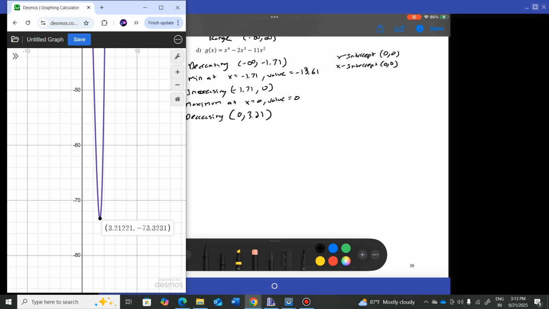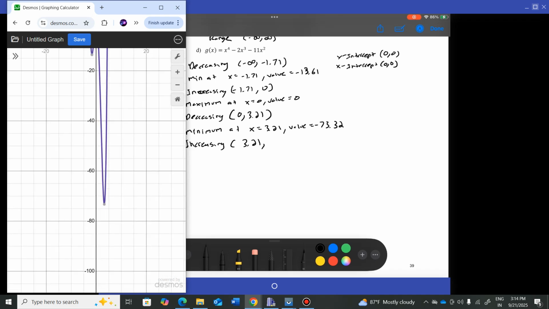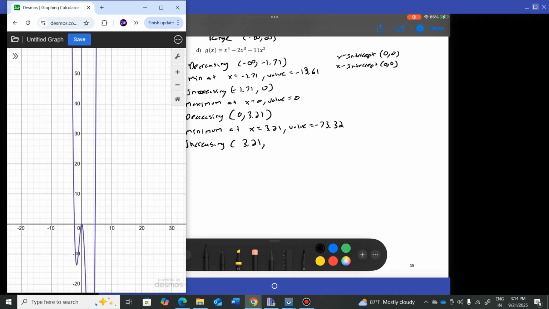So we have a minimum at x equals 3.21, value equaling negative 73.32. Then it's increasing from 3.21. Now scroll back up, and it's increasing up to infinity.